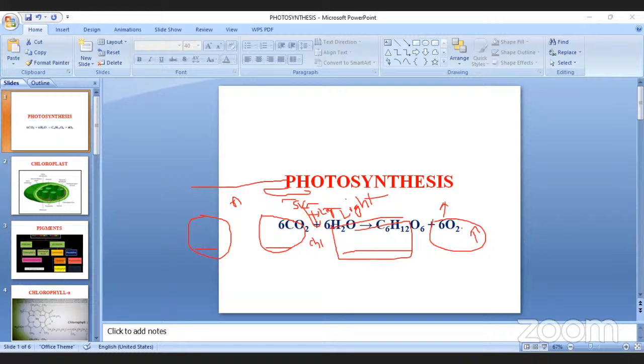Before that, we should know about the structure of chloroplast, because this entire process takes place inside the chloroplast.